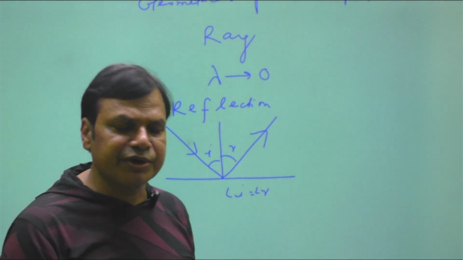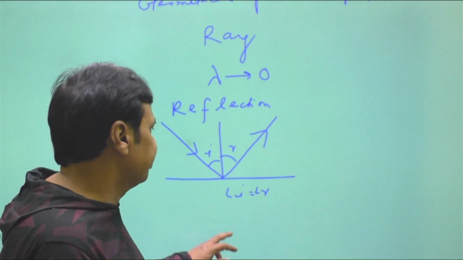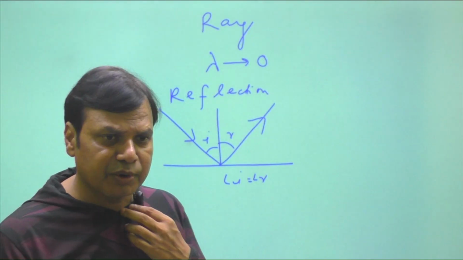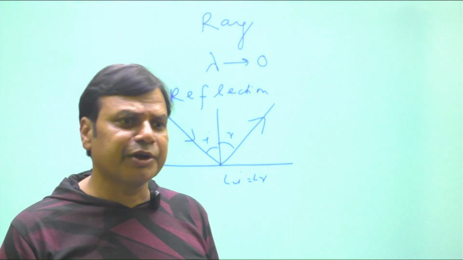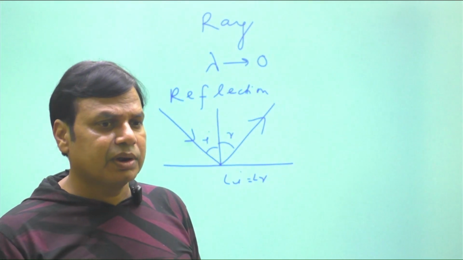This can be proved in many ways. You can prove it by Fermat's principle, the principle of extremum, or you can prove it through an imperfect theory called Christian Huygens principle.